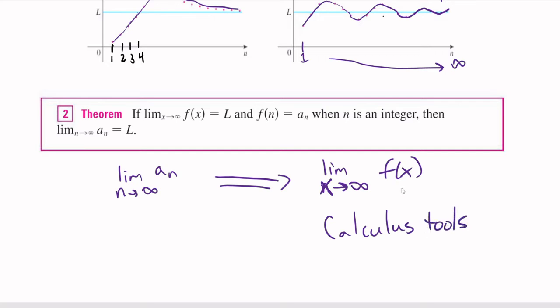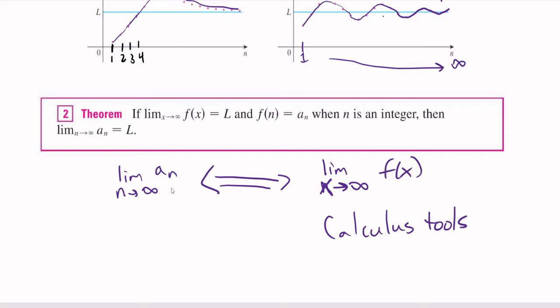So I take out my L'Hopital's, everything we know about limits from Calc 1. I use those tools to solve this limit. And then I transport that back over here to the sequence, and they're going to have the same limit.